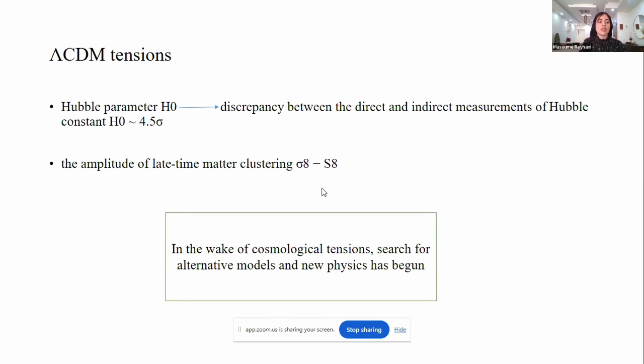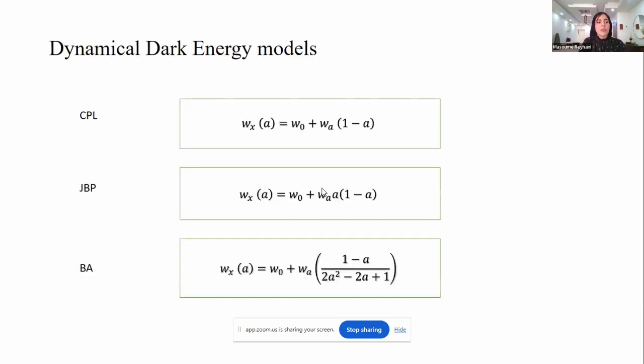The other is the tension in the amplitude of late-time matter clustering, which we call sigma 8 or S8. In the wake of these cosmological tensions, we think about alternative models and new physics to describe our universe better.